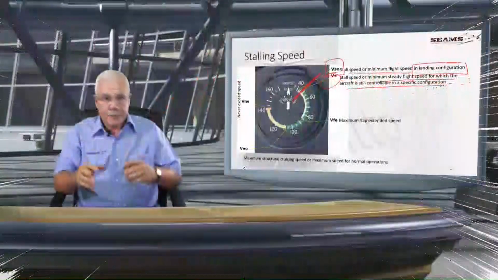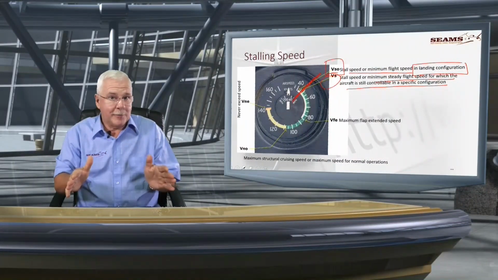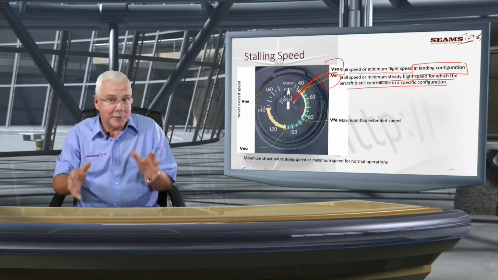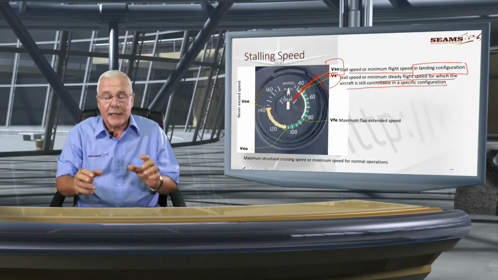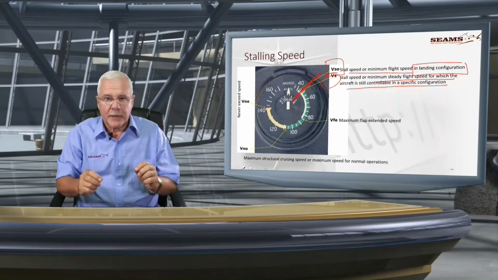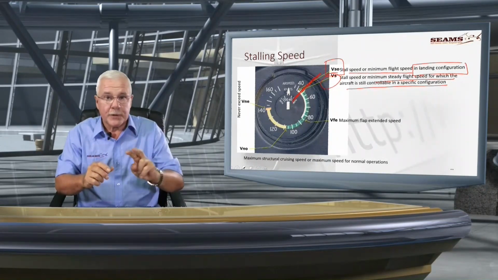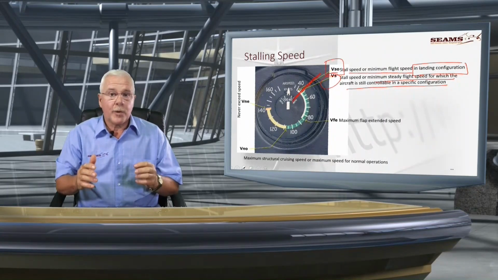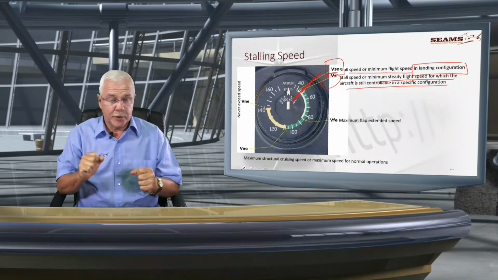In other words, the undercarriage is now down, whether it's retractable or non-retractable, and then landing flap. Now remember, these two speeds are determined with power closed.